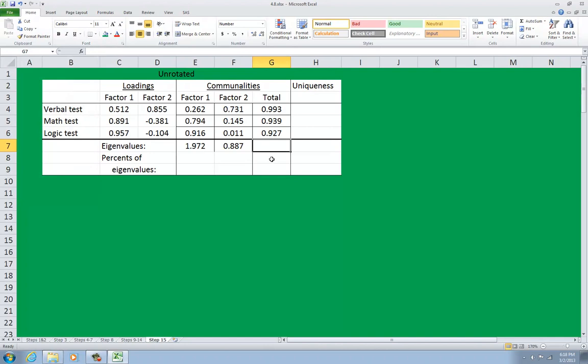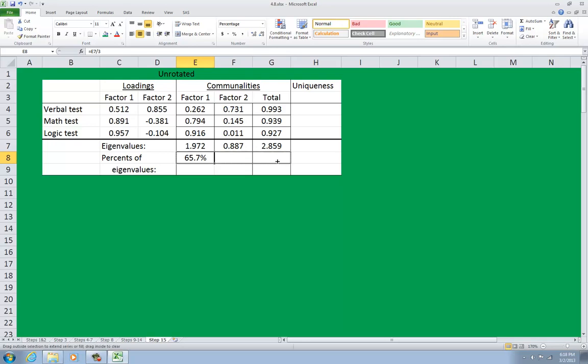Then the percents of eigenvalues are the eigenvalues divided by the number of variables in the analysis, and then multiplied by 100 to convert them to percents. Let's drag that over as well. So this is going to equal the eigenvalue divided by, we have 3 variables in the analysis, so divided by 3, 65.7%.